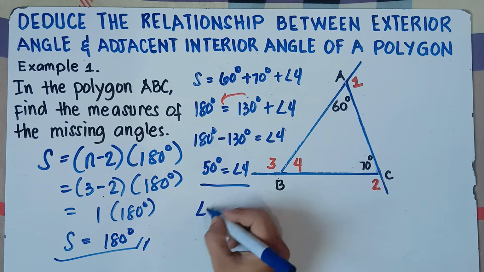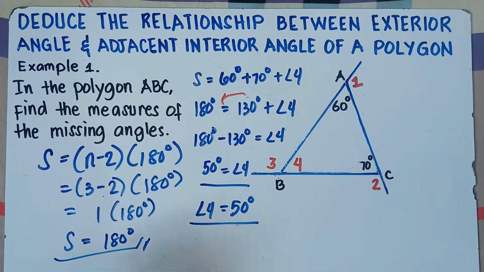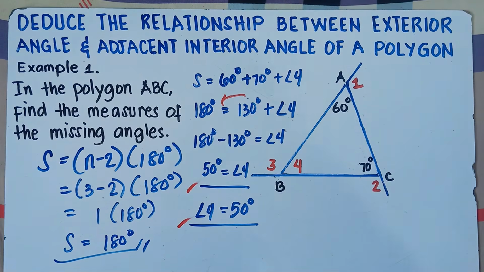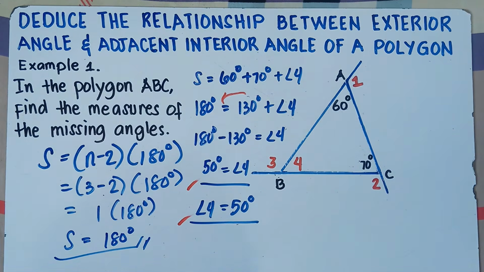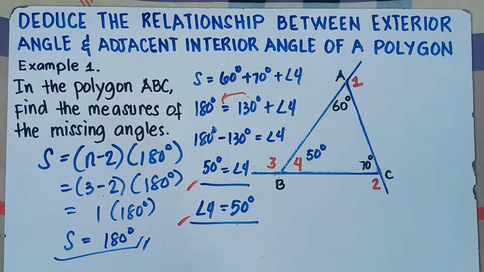That's the same, class. Angle 4 equals 50 degrees. Do not be confused, it's just the same. So it will take time if you do it this way.